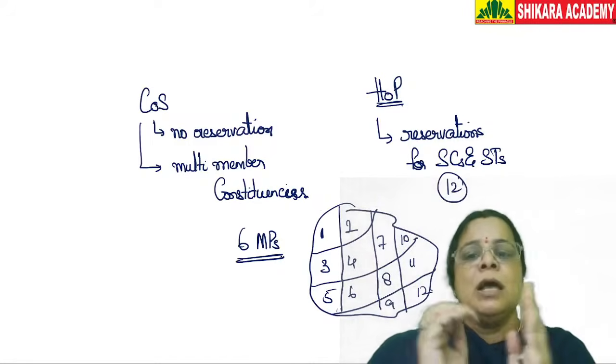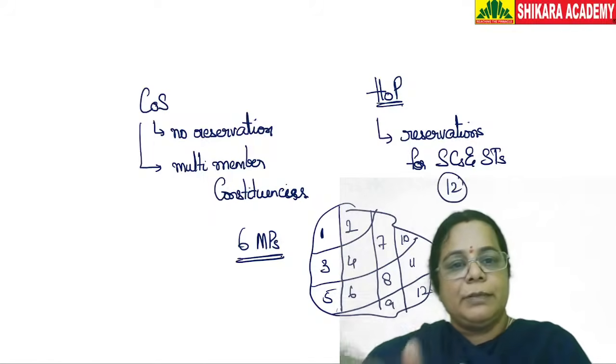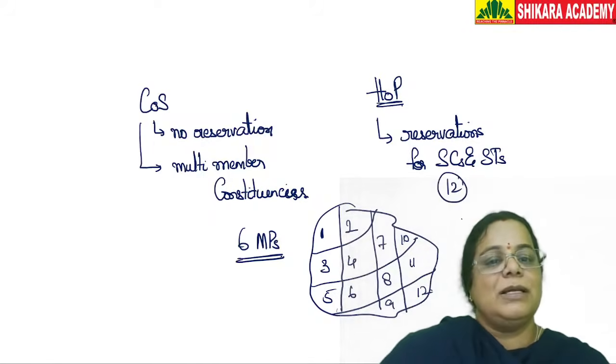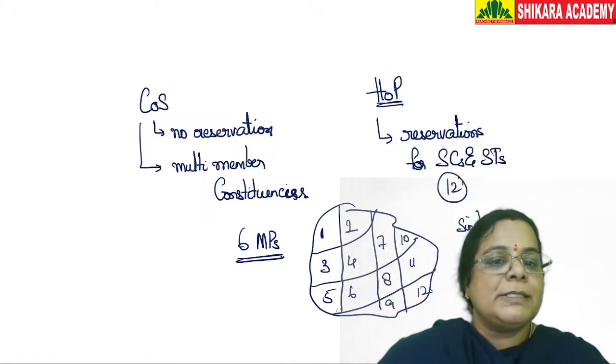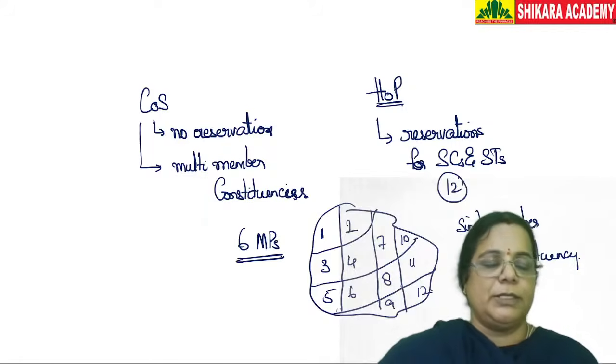All six MPs will represent the state as a whole. That is called a multi-member constituency, and this is called a single member constituency, meaning one representative per constituency, versus multiple representatives for each constituency.